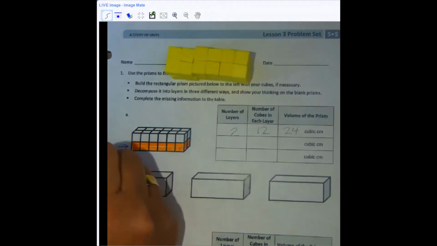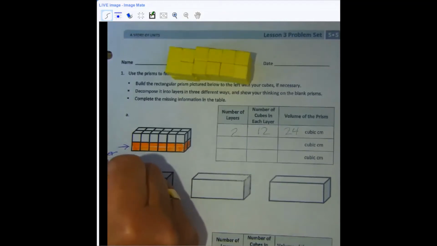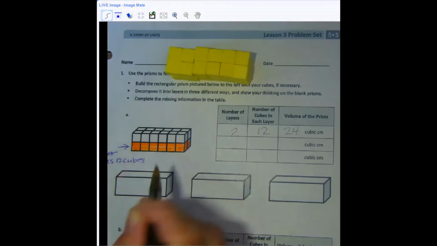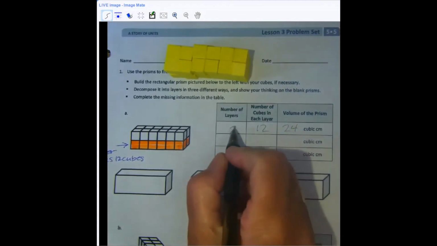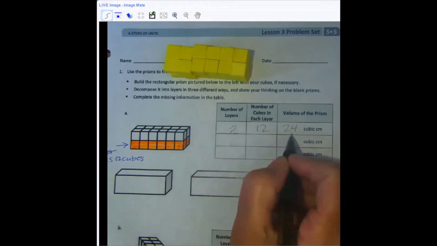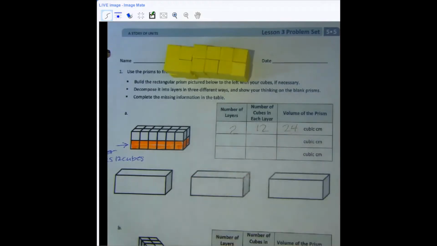First layer has 12 cubes. And I can clearly see that there are 2 layers. So we've got 2 layers of 12 cubes, which makes the volume 24 cubic units.